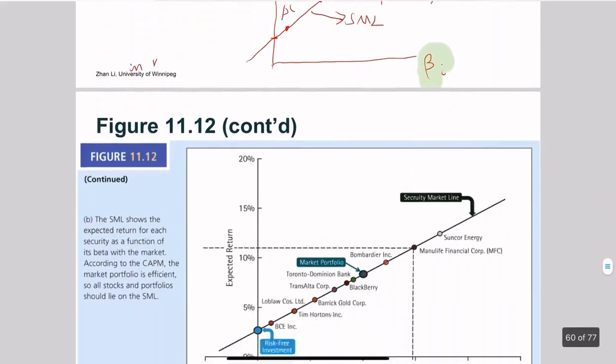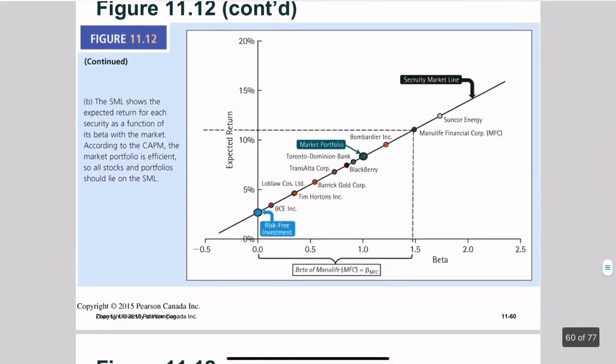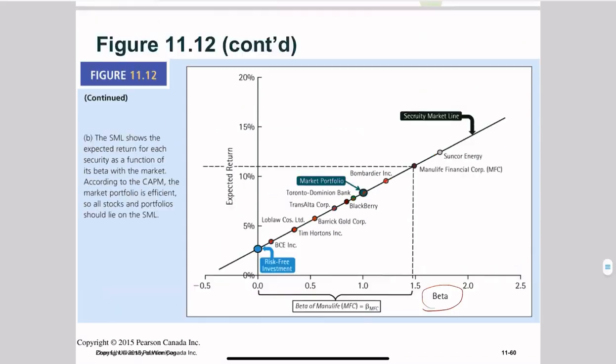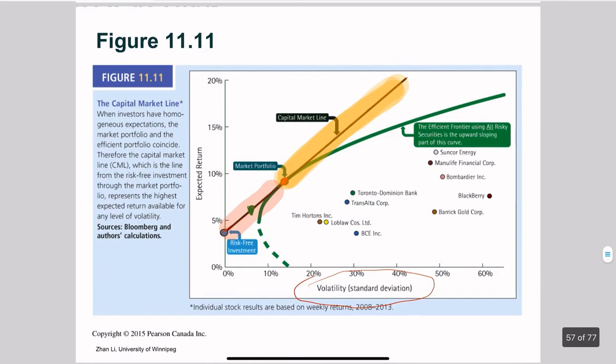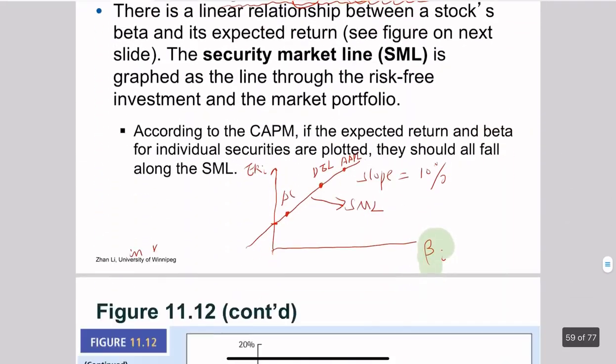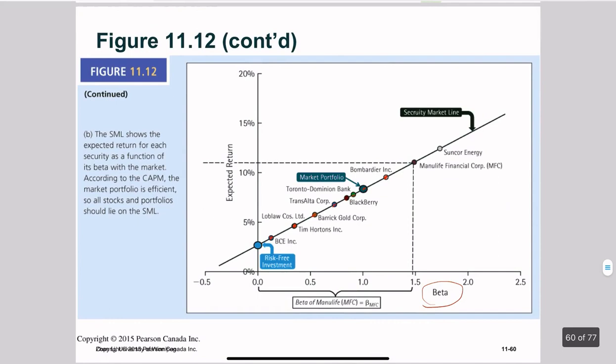And for security market line, the horizontal axis is beta. So basically, security market line is the line about expected return and beta, and capital market line is the line about expected return and volatility. And I would also want to remind you that if CAPM holds, all securities' returns should lie on the security market line.